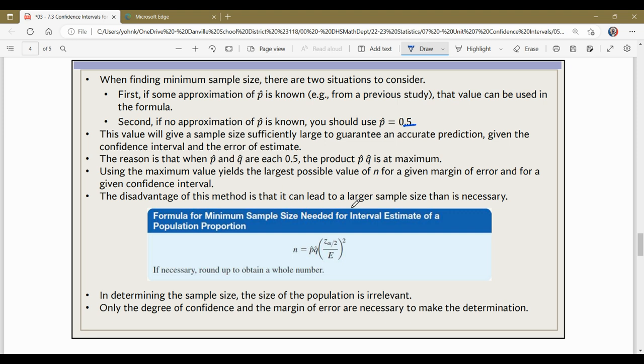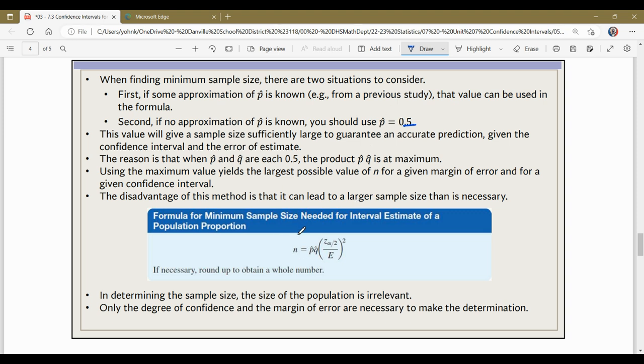Using the maximum value yields the largest possible value of n for a given margin of error and for a given confidence interval. So basically, you're getting the best estimate if you have no idea what's happening previously. The disadvantage of this method is that it can lead to a larger sample size than necessary, so you might waste money interviewing people that you really don't need to in the first place.